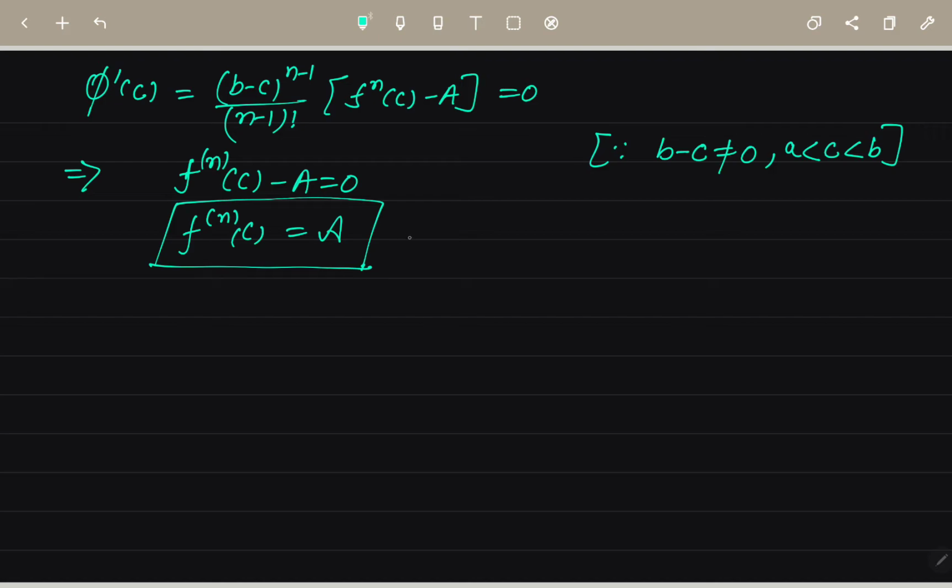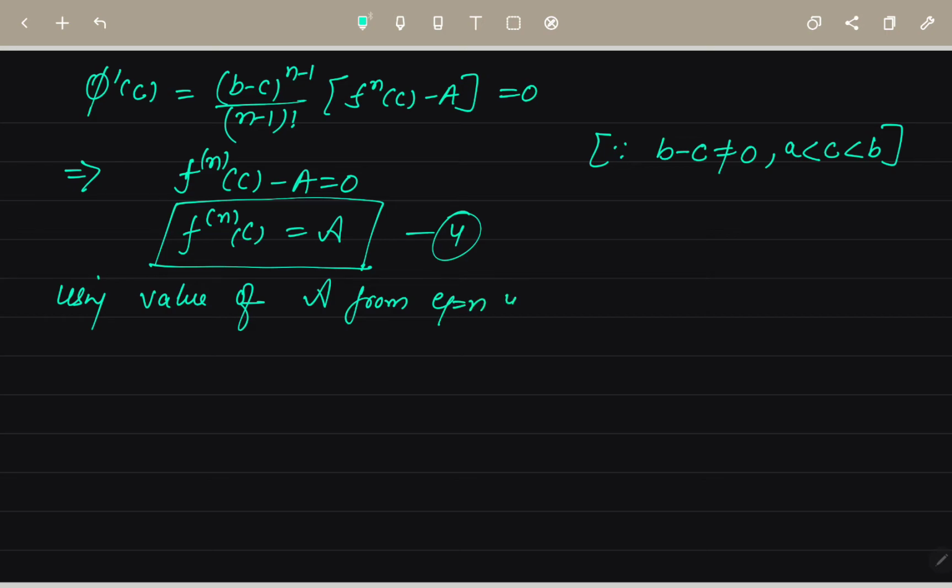Now I will use this value in equation second. Name it as equation 4.